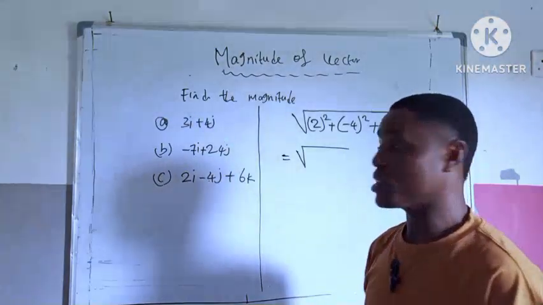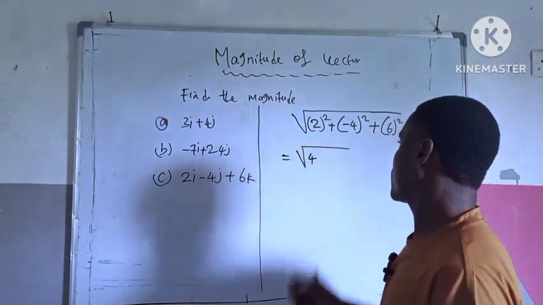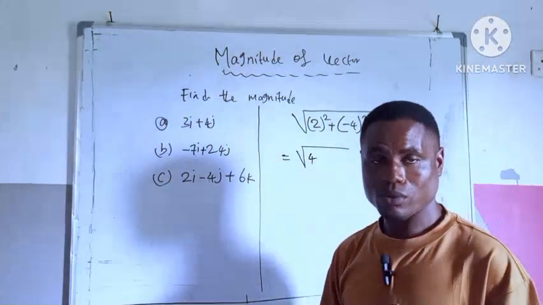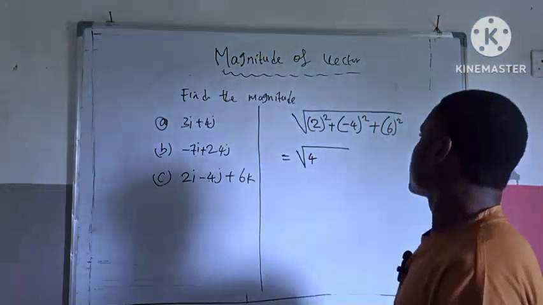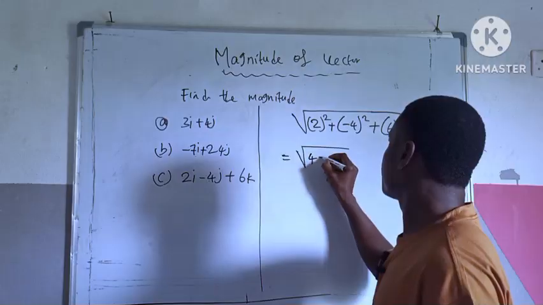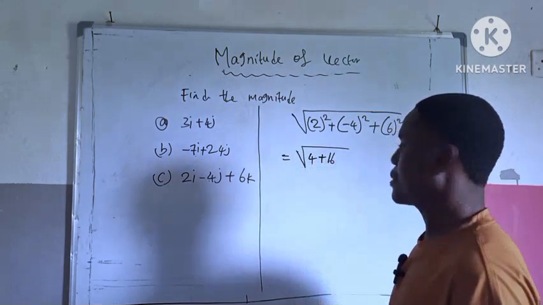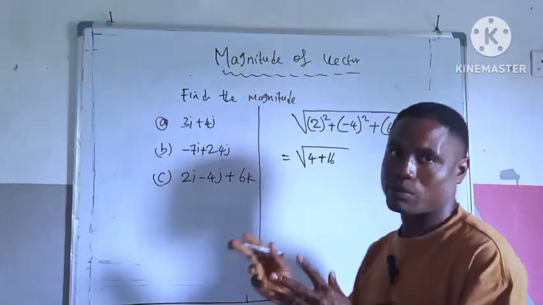Some of us still dey press calculator. 4, then minus 4 square means what? Minus 4 times minus 4 is what? 16, abi? That is 4 times 4 is 16. Then minus times minus is plus.